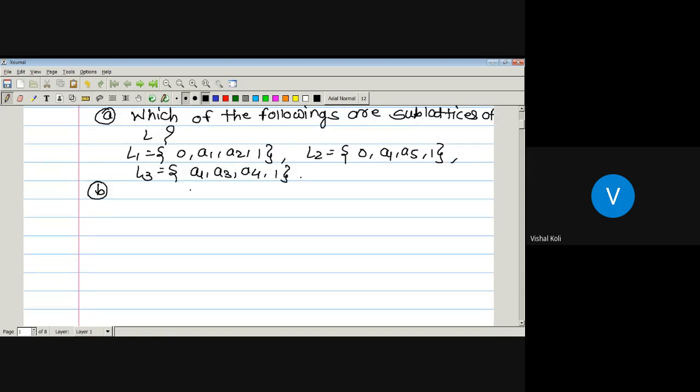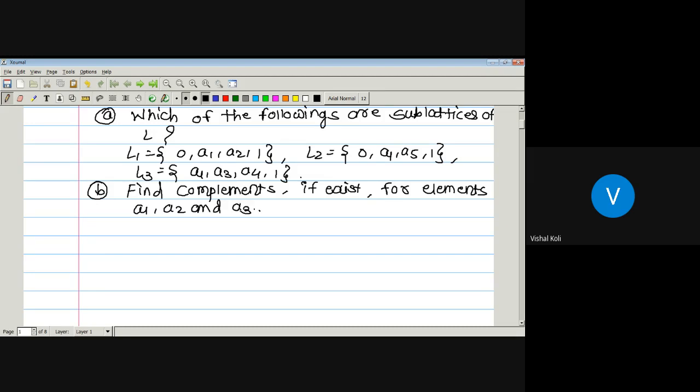Second one, find complements, if they exist, for the elements A1, A2, and A3.